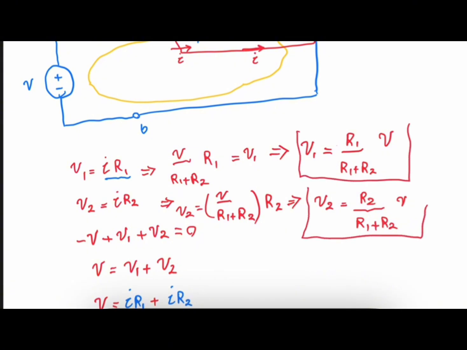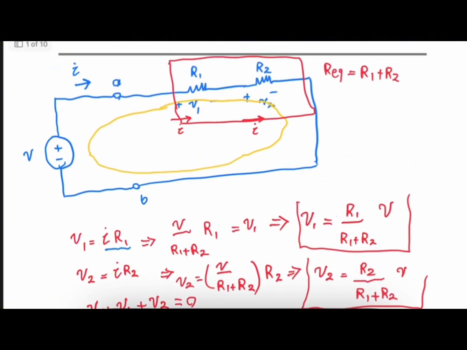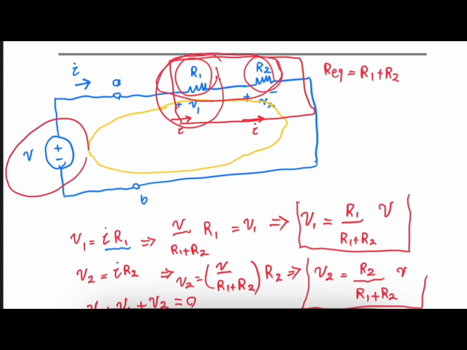These equations are known as the voltage division rule, which is very useful for solving problems if you know the values of R1 and R2. To find the voltage across the first resistor, V1, I can say that this is equal to R1 over the sum R1 plus R2 times the voltage source.